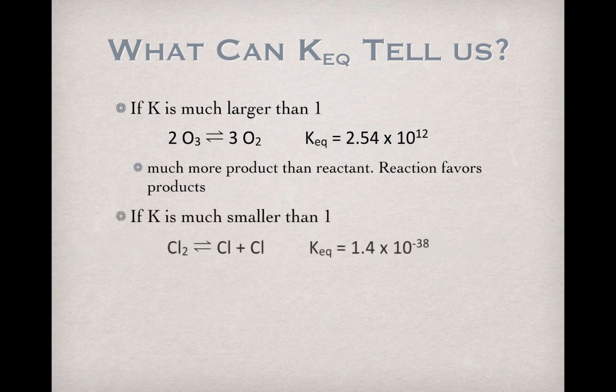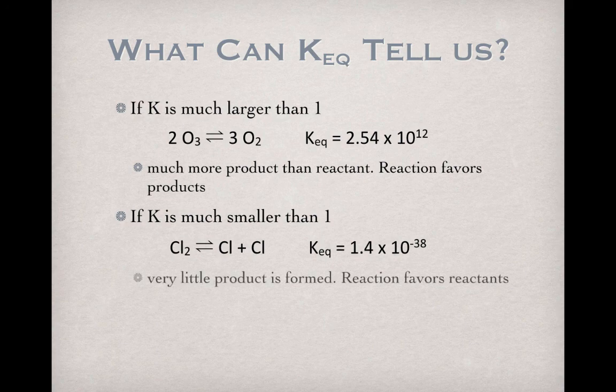If K is much smaller than 1, here's an example where we have a chlorine molecule breaking apart into 2 chlorine atoms, which has an equilibrium constant of 1.4 times 10 to the minus 38. A very, very tiny number. What this means is the reaction really doesn't like to happen, and you have very little product formed. So for this reaction, we would say that it favors the reactants.